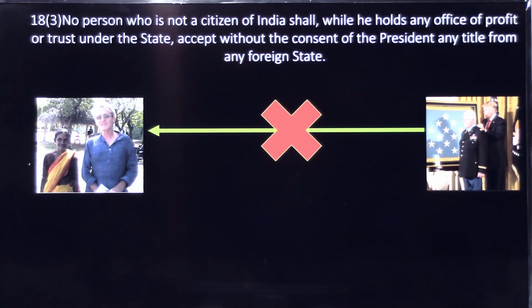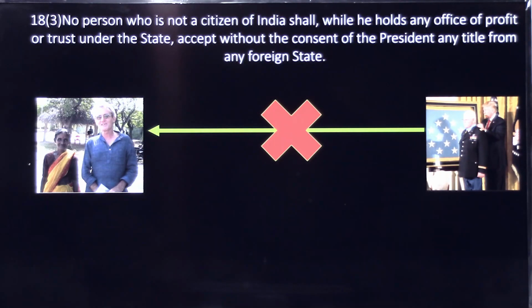On the screen you can see a US citizen working with the Indian government in the rural development ministry, and he is running a trust as well. The heading reads, while he holds, meaning when a foreigner holds any office of profit or trust under the state, he is prohibited from accepting any kind of title from a foreign state.